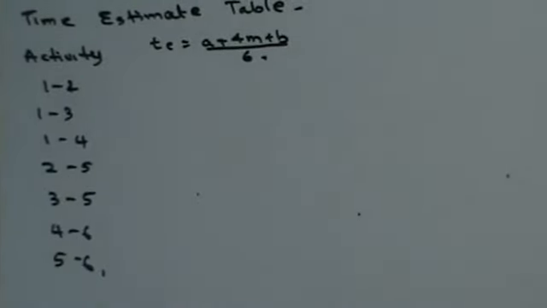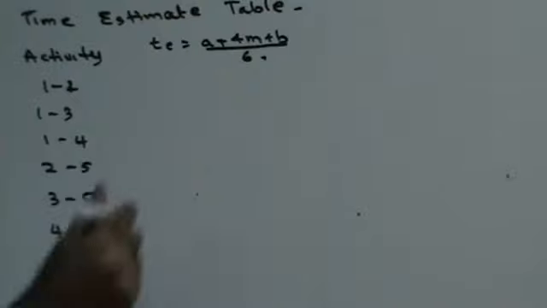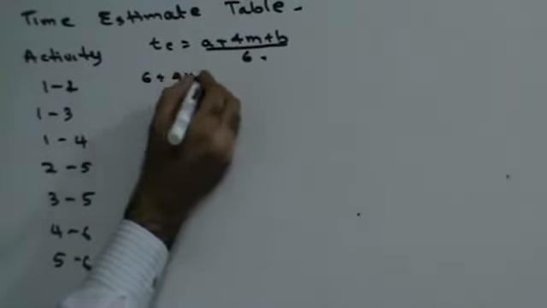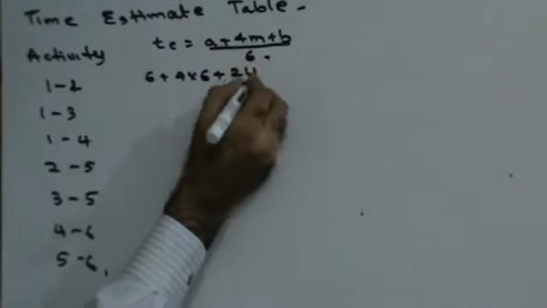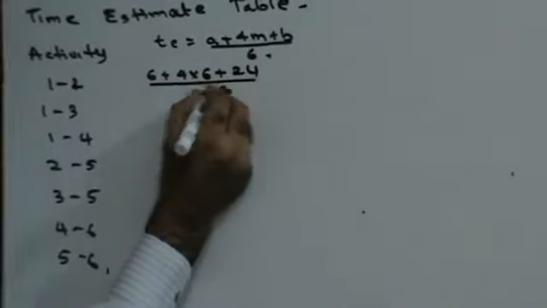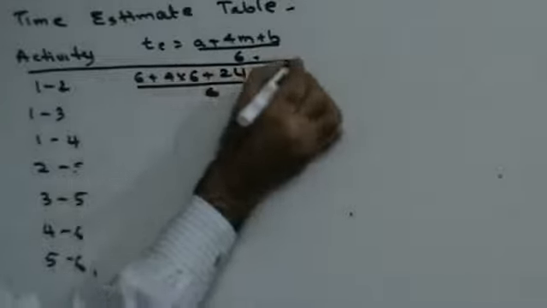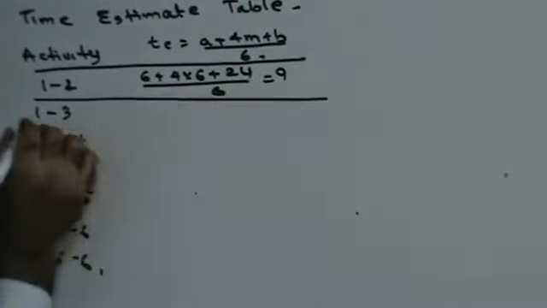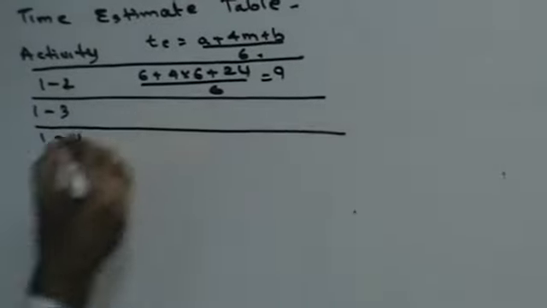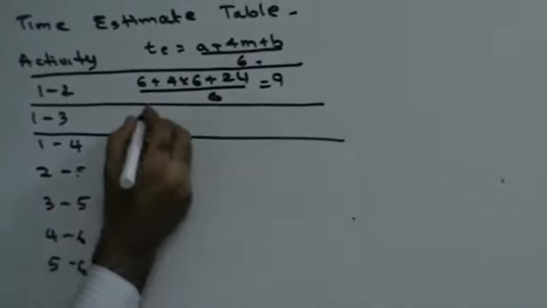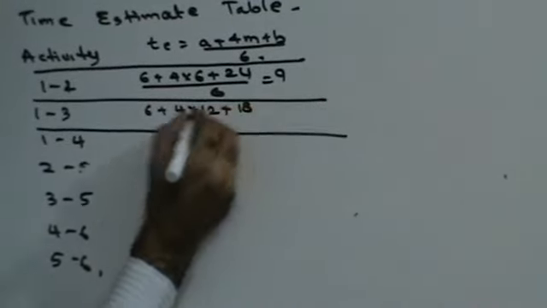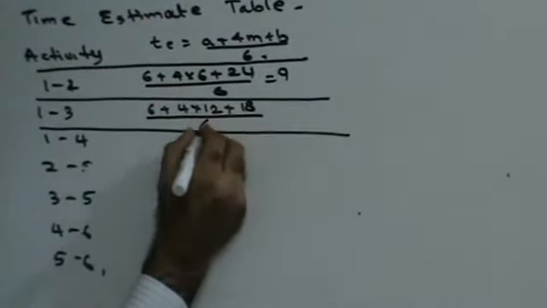So, in the first case, it will be 6 plus 4 into 6 plus 24 upon 6. So when you solve this, you will get the answer 9. Next, it will be again 6 plus 4 into 12 plus 18 divided by 6.